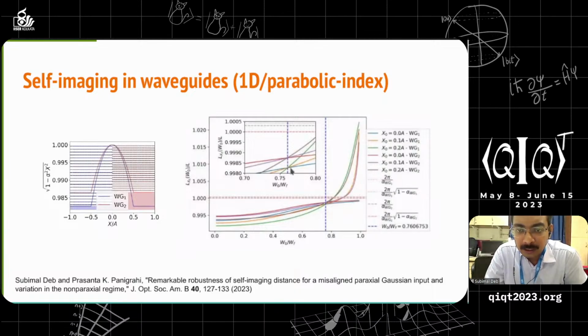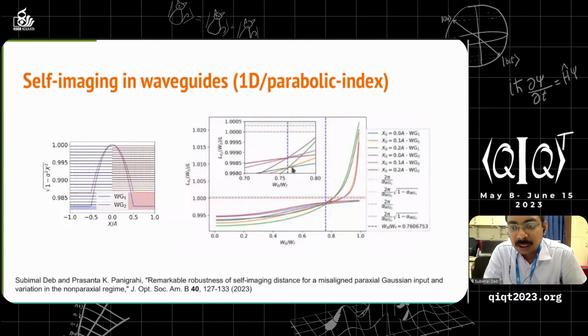And we see that for each waveguide, irrespective of the offset, the curves cross each other exactly at a fixed value of the input beam width, which is roughly around 0.76 times the fundamental mode width.